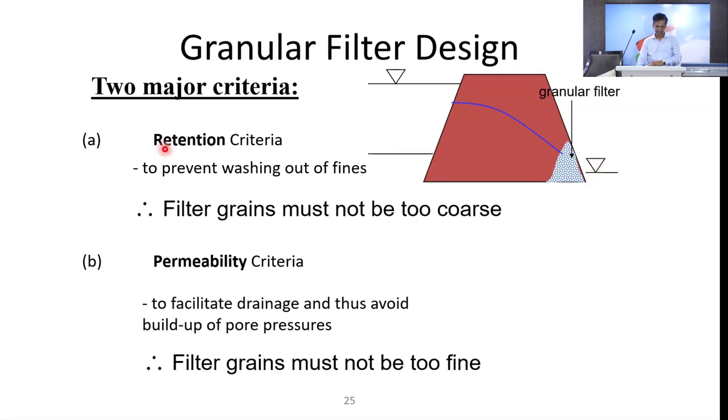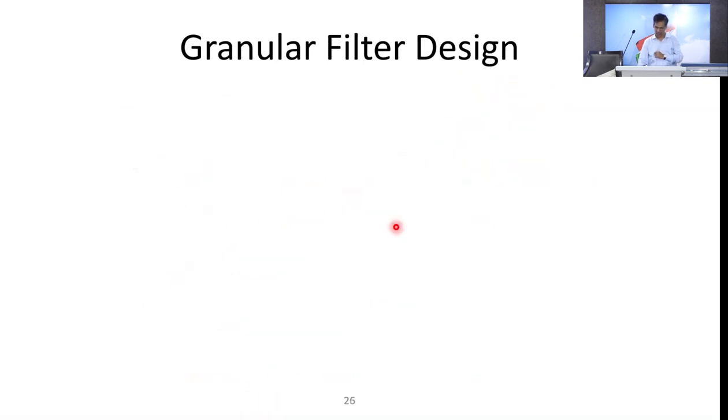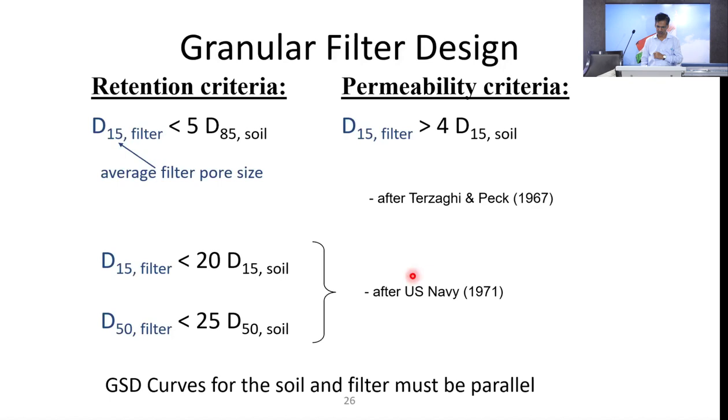So it has two criteria, one is retention, the other is permeability. Retention means preventing washing out of fines, so the filter grain must not be too coarse. And for permeability, it must not be too fine, otherwise water will not go through. So now we have to make a compromise between these two.